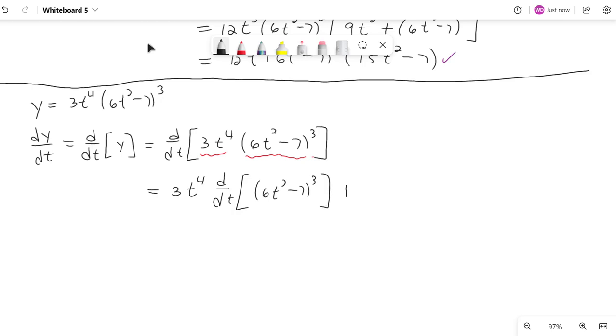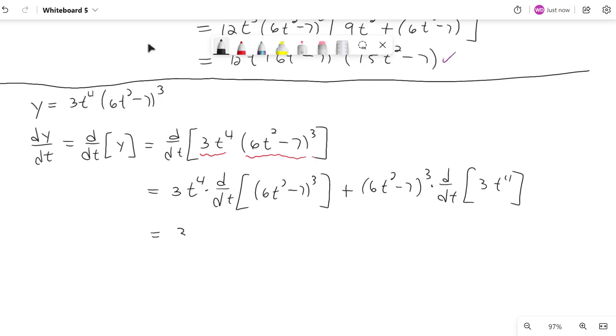Then we add, continuing with the product rule, the second factor, 6t squared minus 7 cubed, and multiply it by the derivative in terms of t of the first factor, 3t to the fourth. Now, anytime you have the differential operator, you just do that derivative. Anything else, though, you recopy, and you maintain the operation that was between whatever the differential operator applies to and everything else. Notice here there's a multiplication. Notice here there's a multiplication.